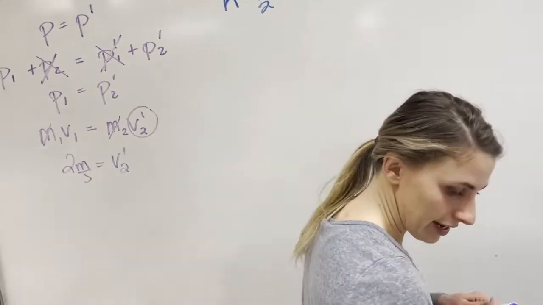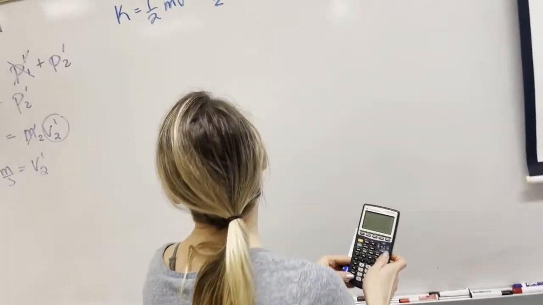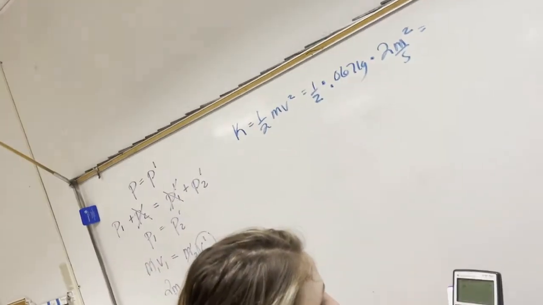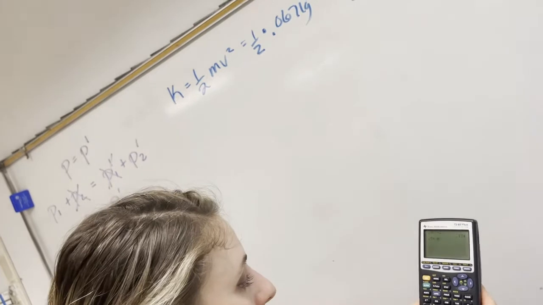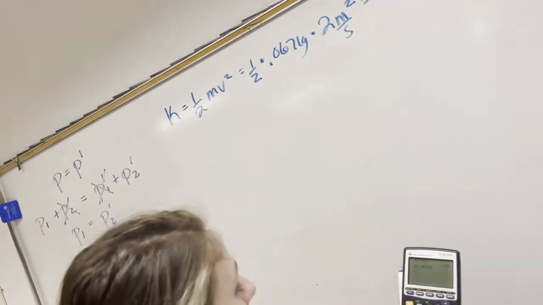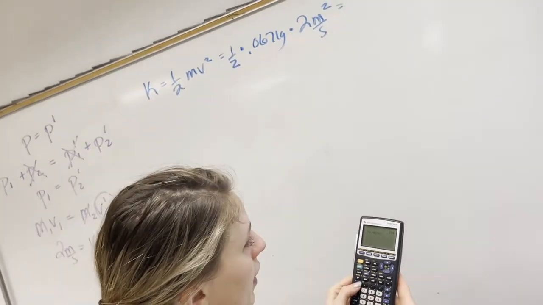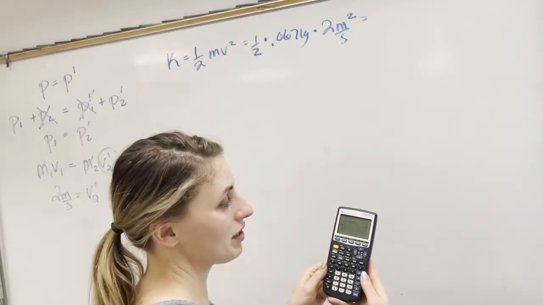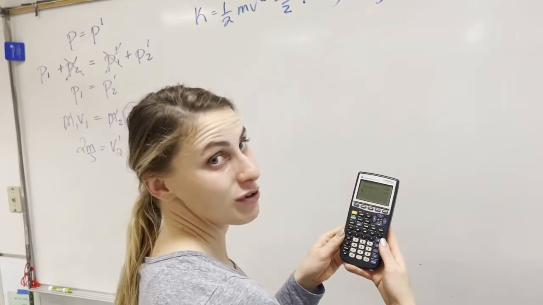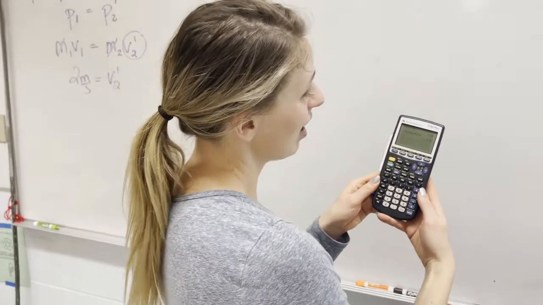So let's get this answer: 0.5 times 0.067 times 2, don't forget to square it, and I get 0.134 joules.